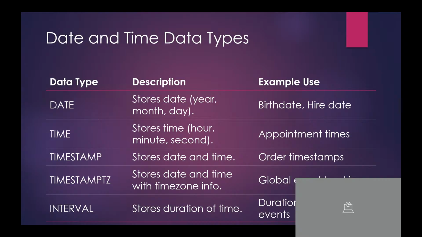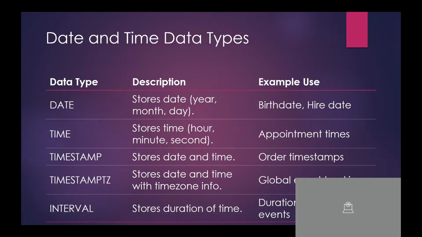Now the date and time data types, with descriptions and examples. DATE stores the date: year, month, day. Examples are birth date and hire date. TIME stores time: hour, minute, second, such as appointment times.